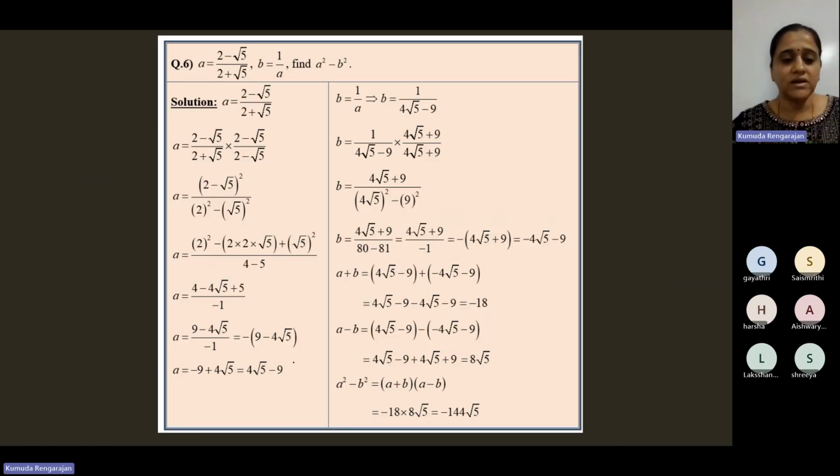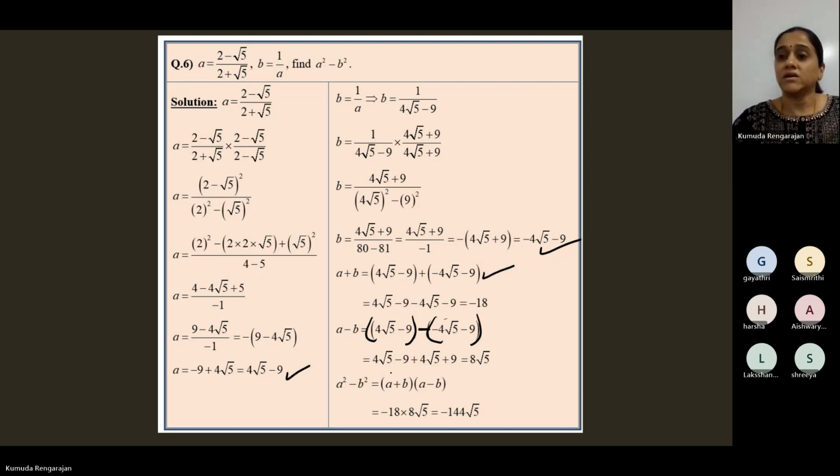Yeah, just 1 second. So this is A, this is B, with rational denominator. So this is A plus B. Remember A minus B: write the expression for A in a bracket, the expression for B in a bracket, and connect them with a minus sign. Then you'll have to open the bracket, minus into minus plus.